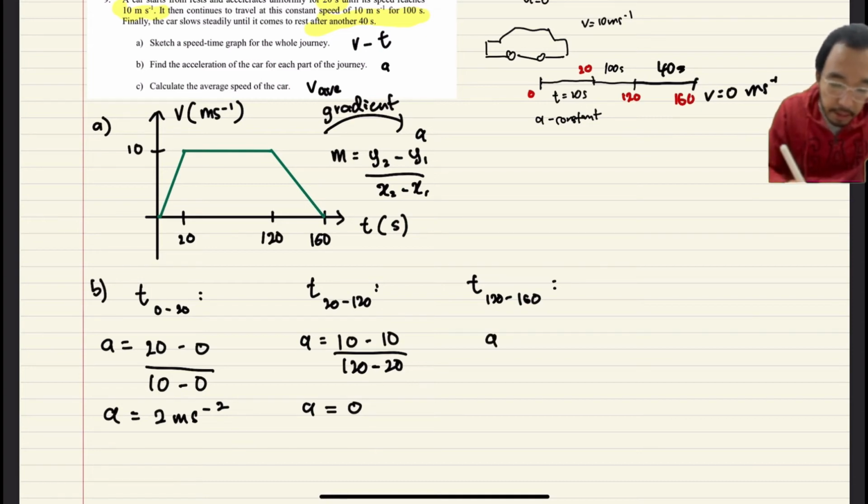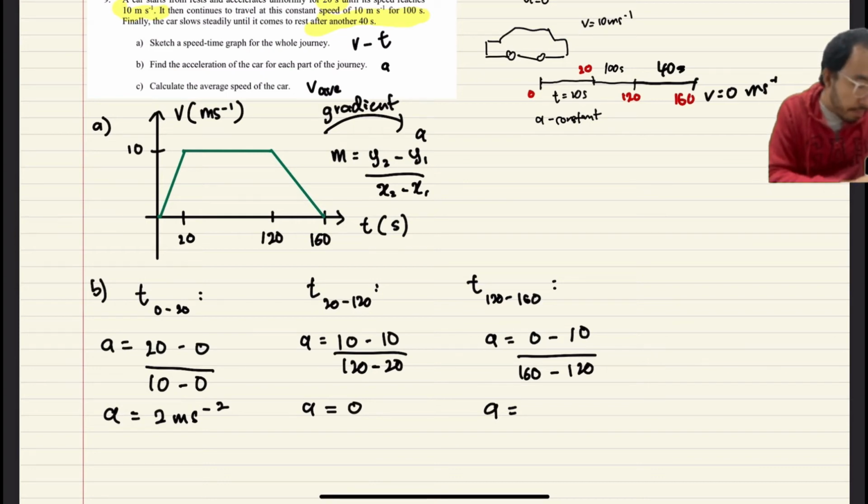And then finally, this one would be 0 minus 10 divided by 160 minus 120. I think it would be negative 10 divided by 40, which is negative 0.25.